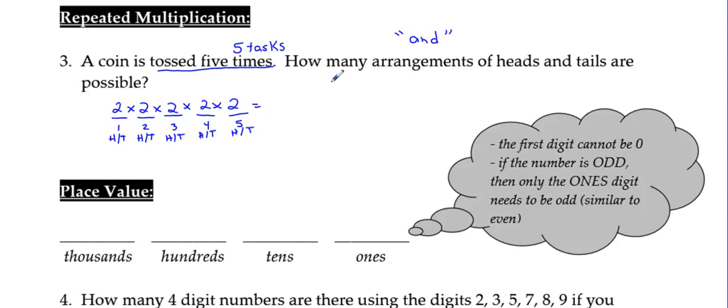Some of these and questions, all tasks have the same number of outcomes. That is an example of repeated multiplication. In which case, a short form, instead of writing 2 times 2 times 2 times 2 times 2, that's the same as writing 2 to the exponent 5, which would be 32 arrangements.